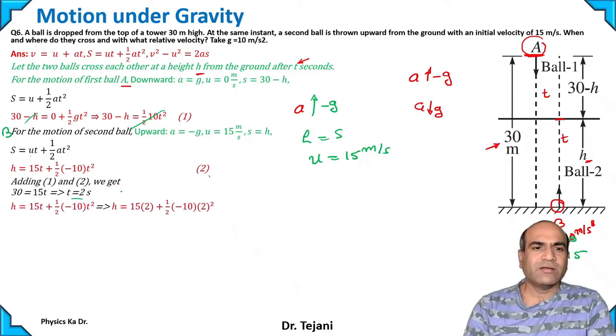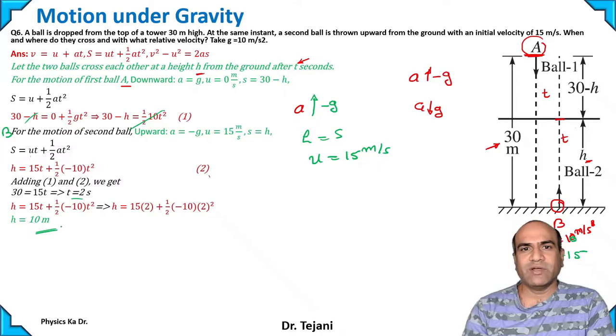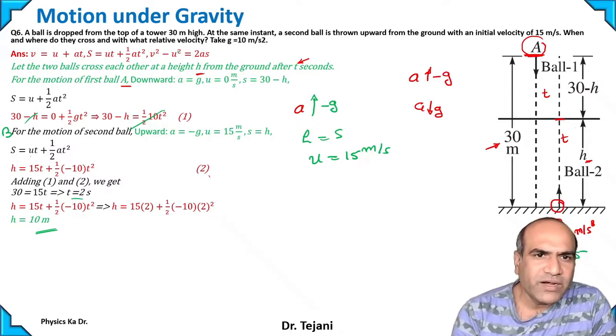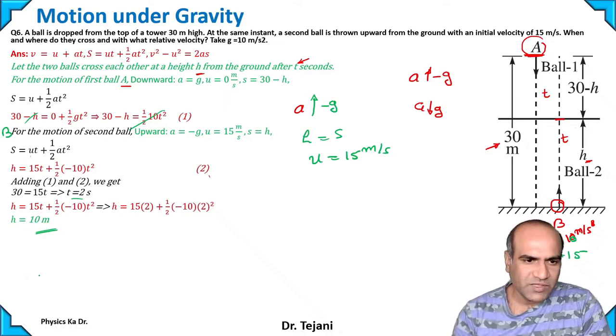At what level will they meet? So put the value of t in this equation, and we get h is equal to 10 meter. Also, we need to find relative velocity. Oh, there is something new that came into the picture.